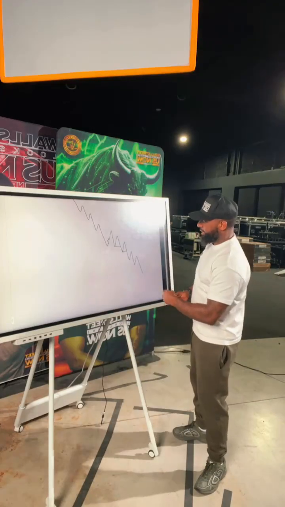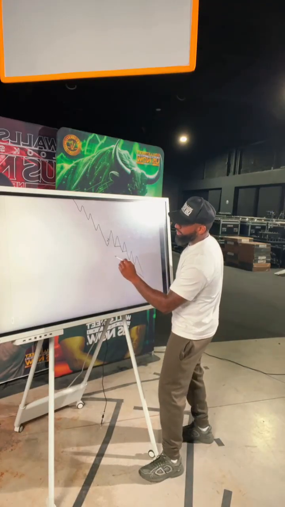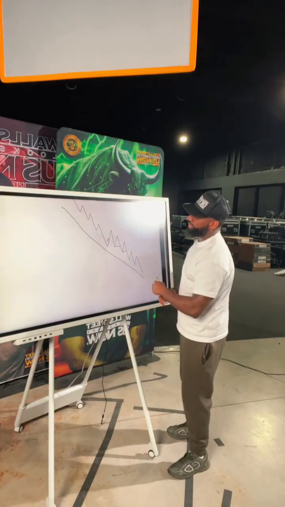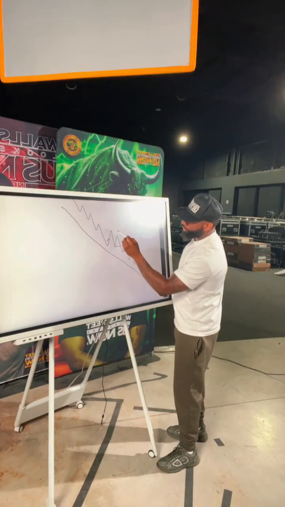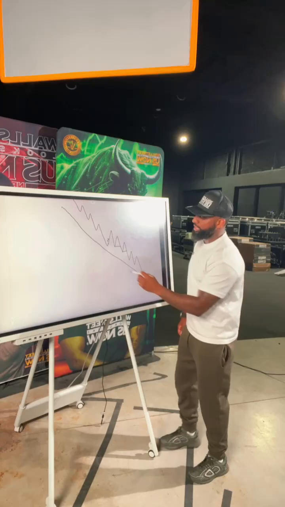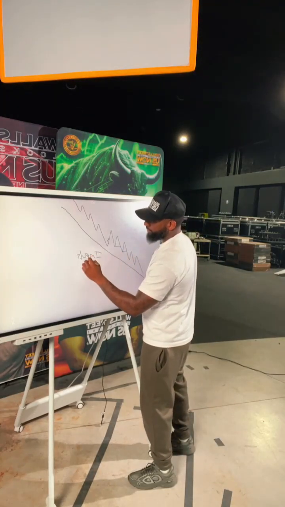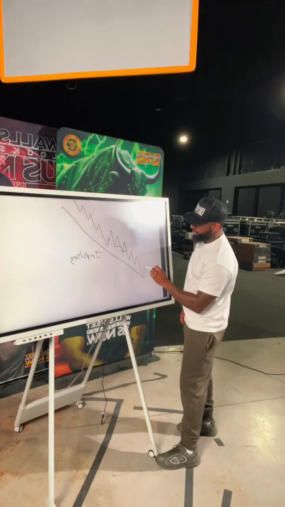And a great trader understands that the overall trend is an uptrend. But inside of the uptrend, there are small downtrends. We'll call these impulses. These are your impulses.